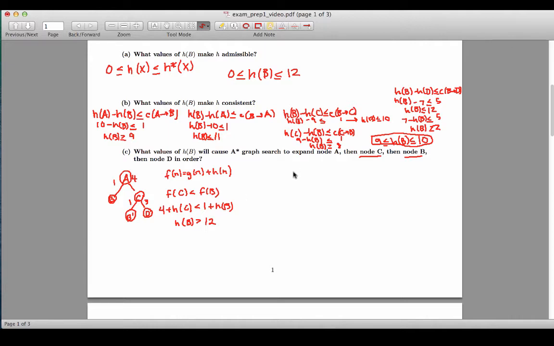Now we're concerned with when node B will be expanded next, before node D. There are two cases in which node B can be expanded.